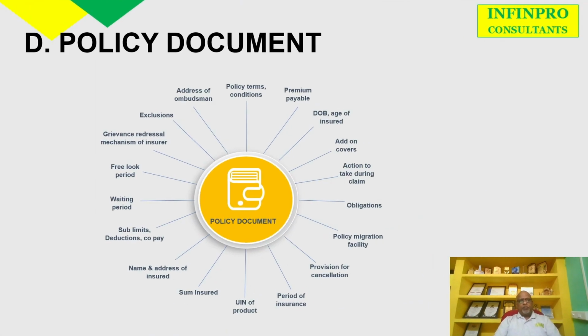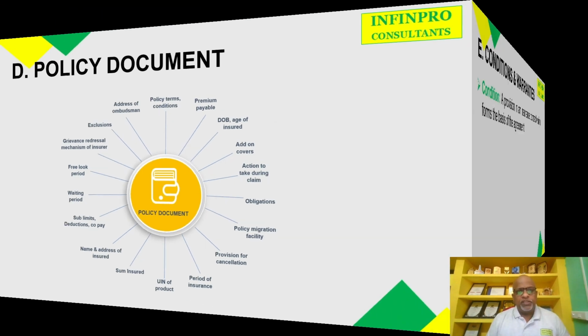The next stage is the policy document is given to the customer, and the policy document has all details like the terms and conditions, premium payable, date of birth, age of the insured, add-on covers if anything added, action to be taken during claim, obligations, policy migration, provision for cancellation, period of insurance, the product UIN, the unique identification number, sum insured, name and address of insured, sublimits, deductions, waiting period if any, how many days free look-in period is available in this policy, what is the grievance mechanism available for the customer, any exclusions, and lastly address of ombudsman. So the policy document has all these details.